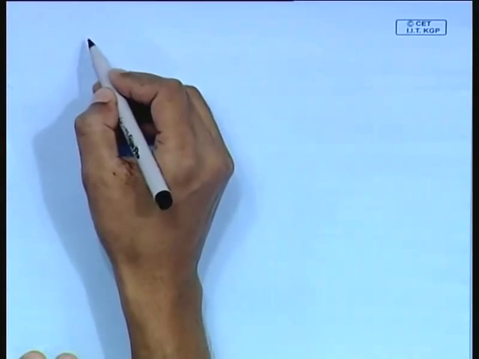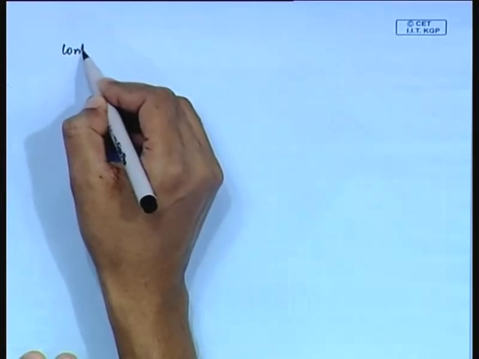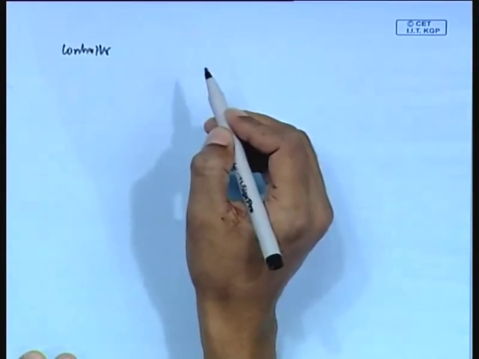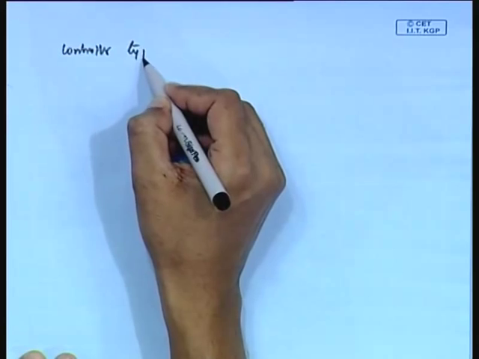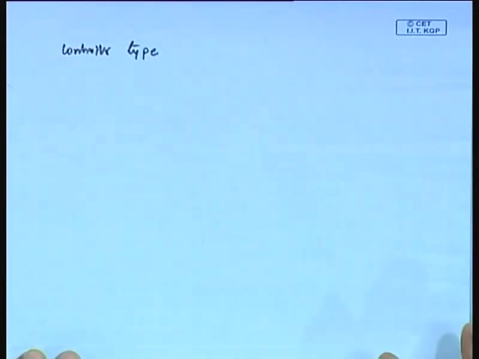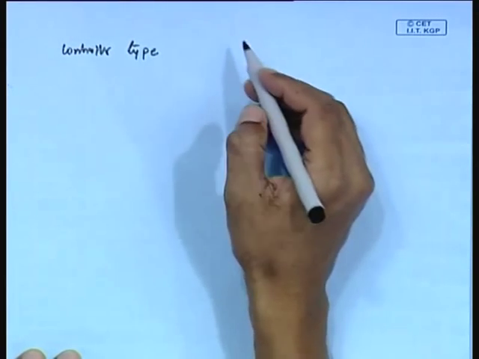Now, knowing the values of Ku and Pu, we need to use some correlations recommended by Ziegler and Nichols. Fine. So, we will know the different correlations which have been proposed by Ziegler and Nichols.